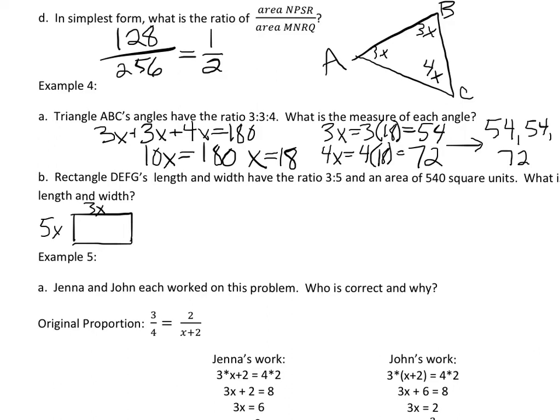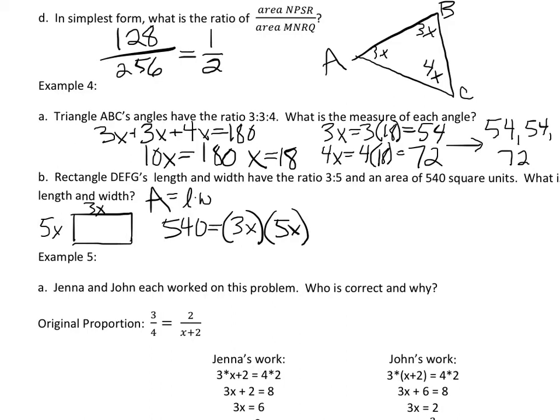That's just to say that if we have some number, 3 times that number will be the length, and 5 times that number will be the width. We know that the area is 540, and since area equals length times width, we can set up our equation to solve for x. So 540 equals our length, 3x, times our width, 5x.